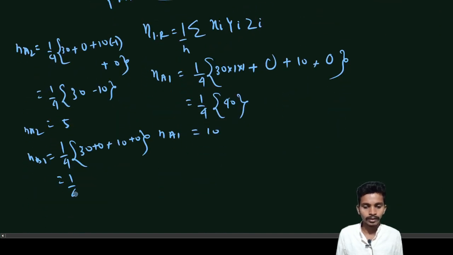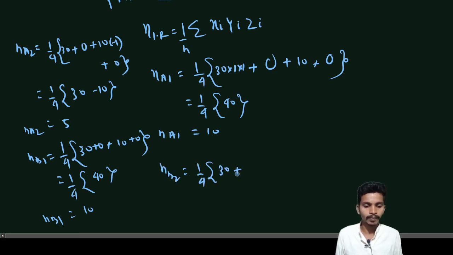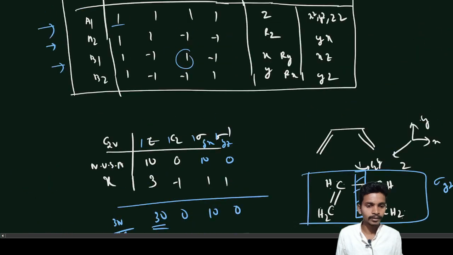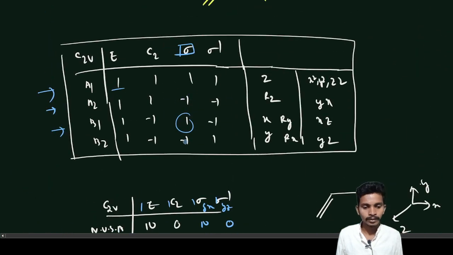If you calculate it, again we will get 40, again we will get 10. So nb1 is again 10. Next we will go for nb2, again 1 upon 4, again this is 30, and the second one is 0, I will not go for that, and next is 10, so I will look for here -1.